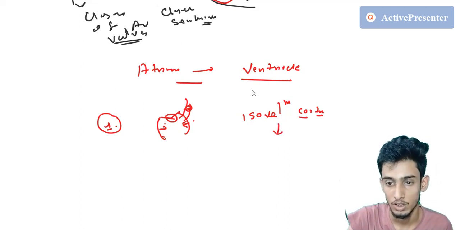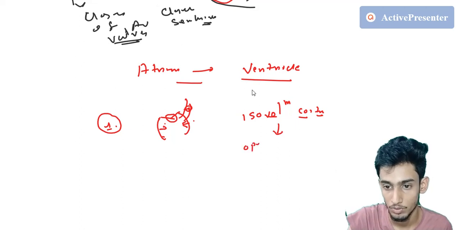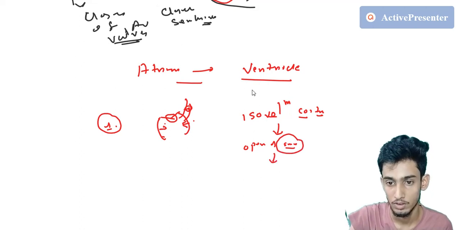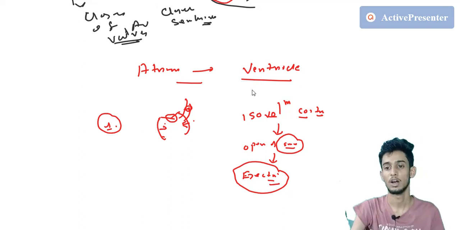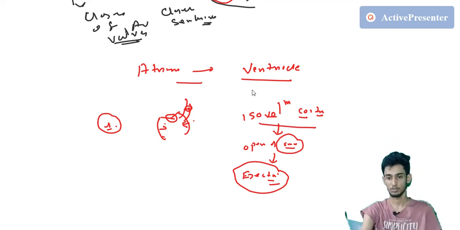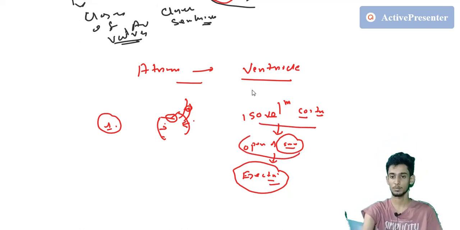Then the opening of the semilunar valve and the ventricle starts to eject. So isovolumetric contraction, then opening of the semilunar valve, then ejection.